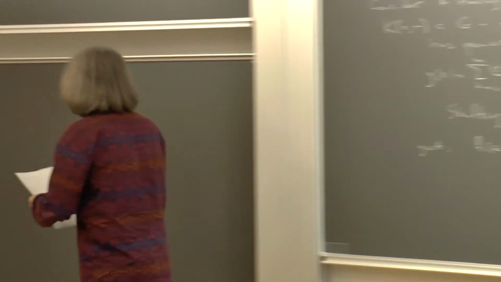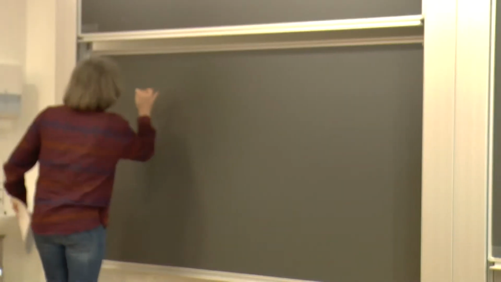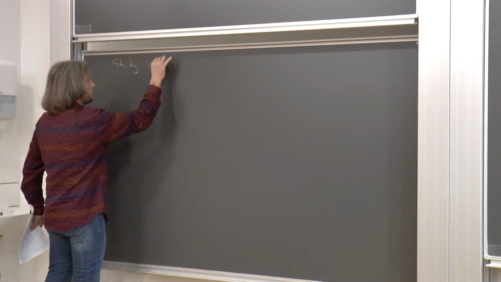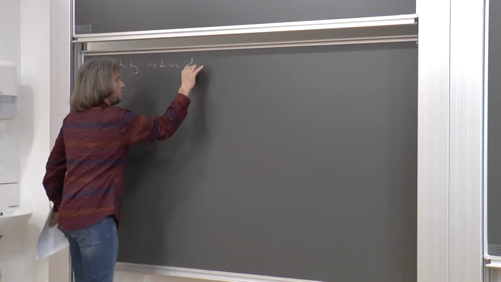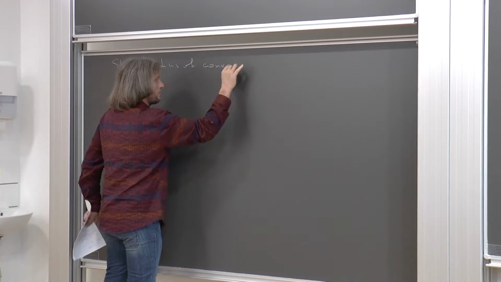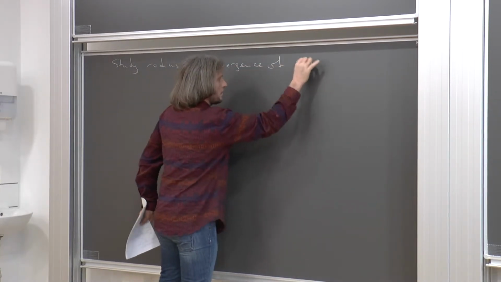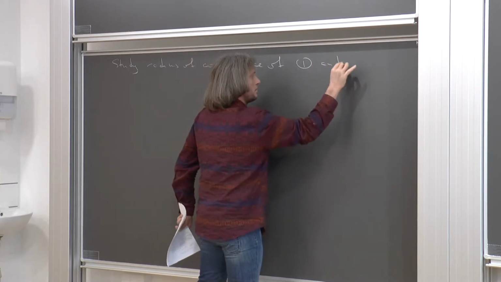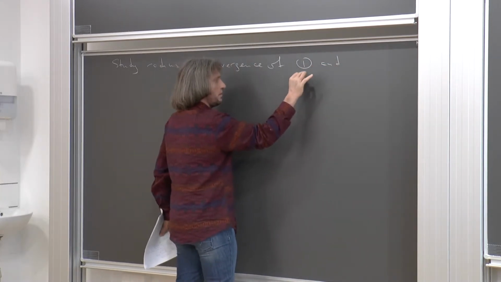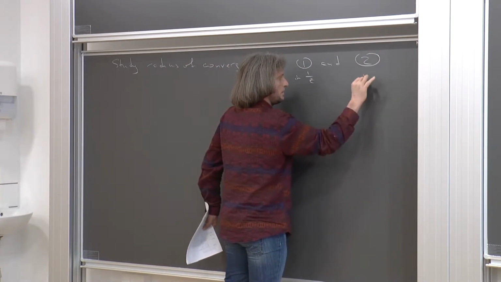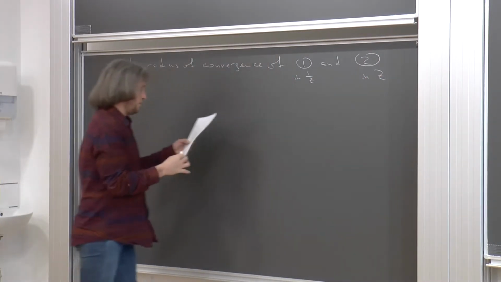Namely, we can study the radius of convergence of the first summand in 1 over z, and of the second summand in z.